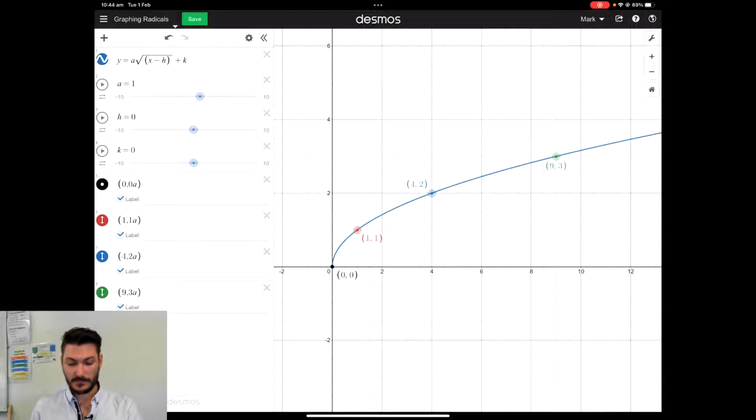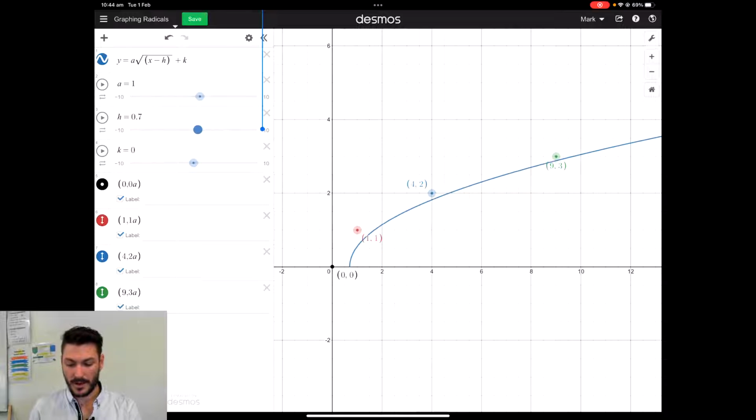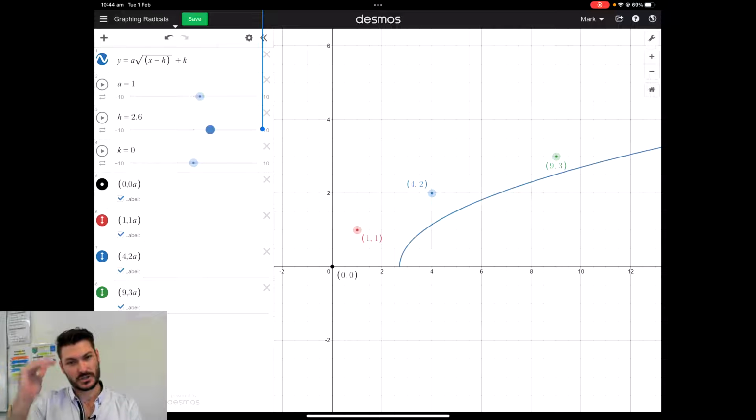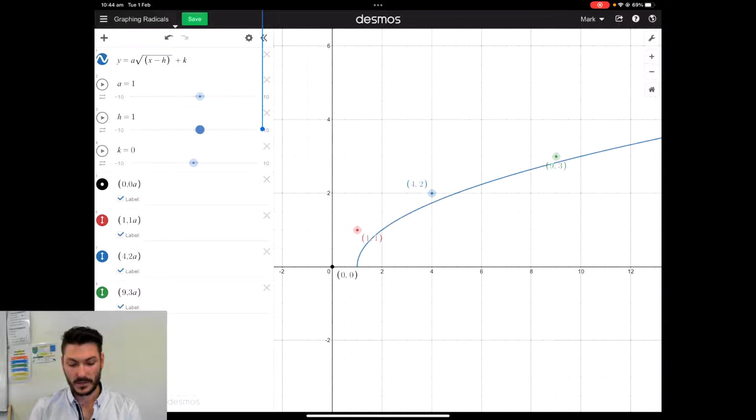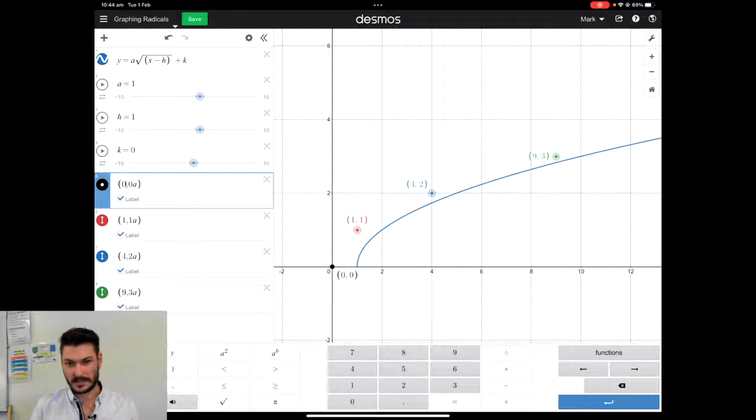The next thing, if we move h, which is going to shift my function left and right, obviously the points aren't staying on there, but the y values are. All of those y values are staying on my function because my function is not going up and down. So to change this, for all the x values in these points I'm going to be plussing h.